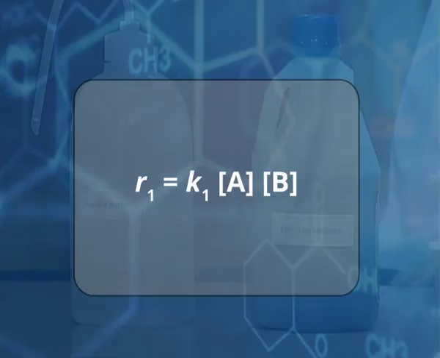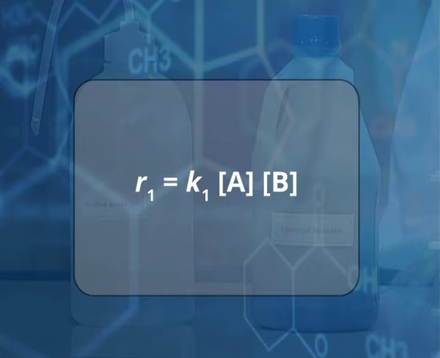Let us write the rates of these reactions. The rate of forward reaction can be written as R1, which is equal to K1. Then we write the concentrations of A and B in square brackets. So, rate becomes equal to K1 times the concentration of A in square brackets and the concentration of B in square brackets.